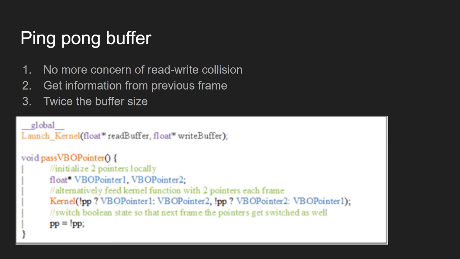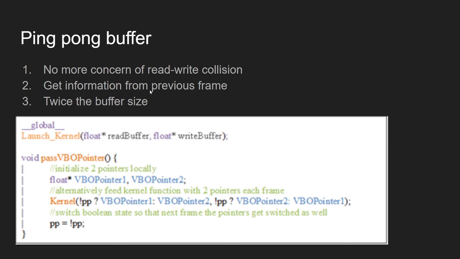The kernel function always reads from the read buffer and writes to the write buffer. It doesn't know about the ping pong buffer. It's just blindly taking two pointers and reading and writing to different ones. By using this, we can avoid calling the barrier operations because the kernel function always reads and writes from different locations.